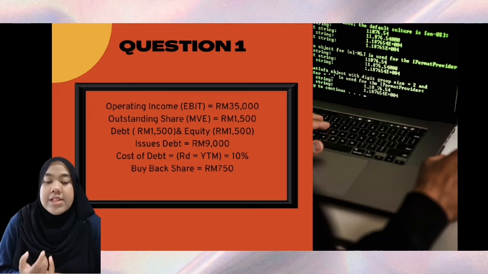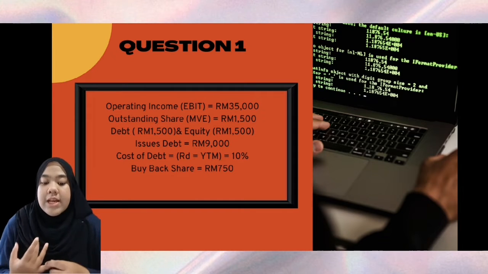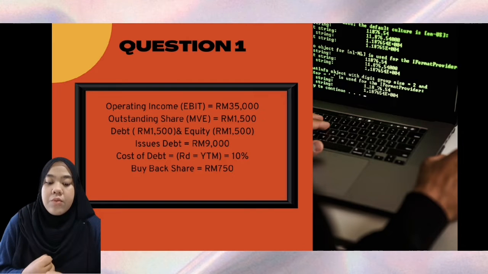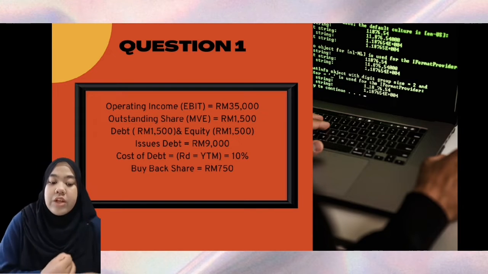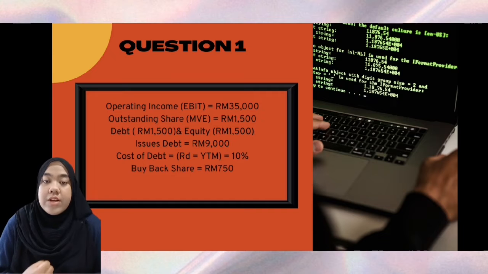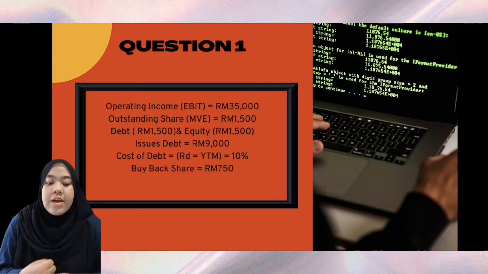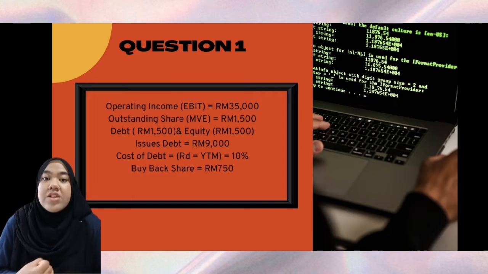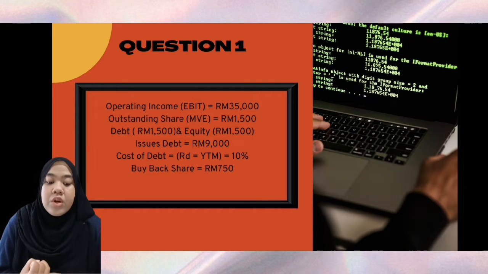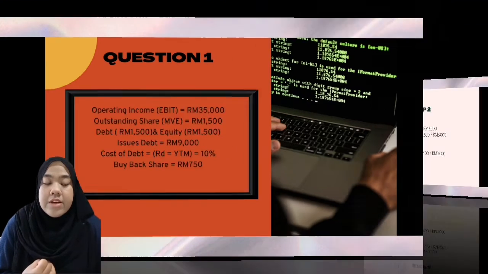Debt and equity are equal, so debt is 1,500 and equity is 1,500. For the issue of debt, they state that the amount is 9,000. Cost of debt, or RD, or YTM, yield to maturity, is 10%, and the buyback share amount is 750.